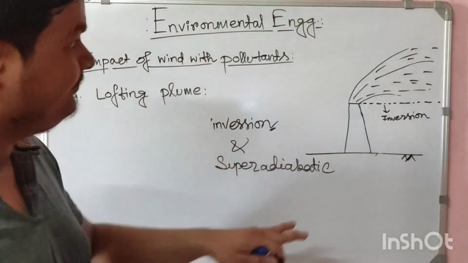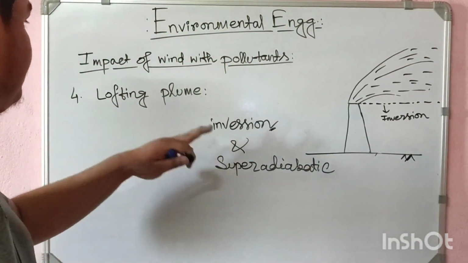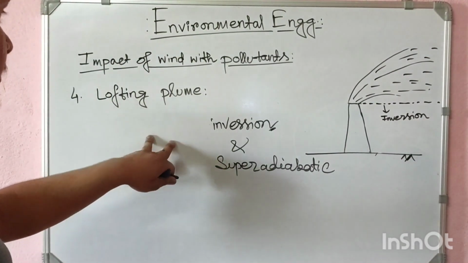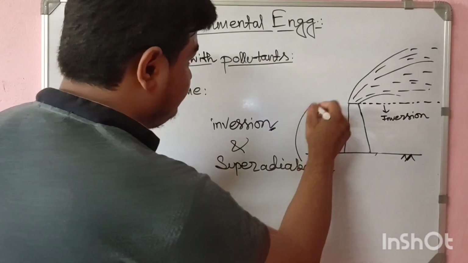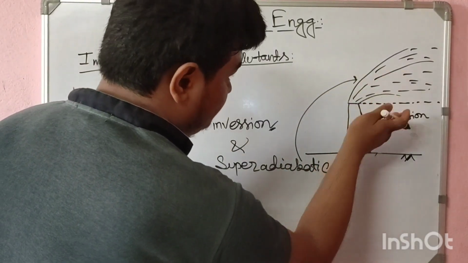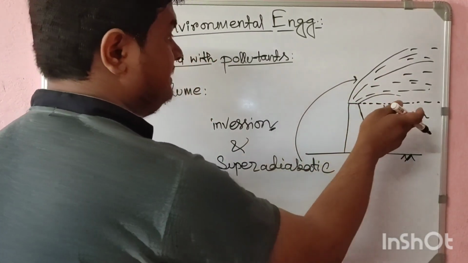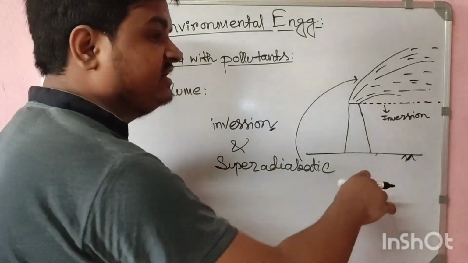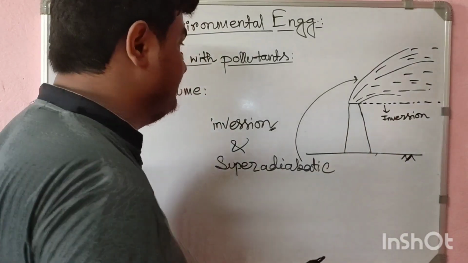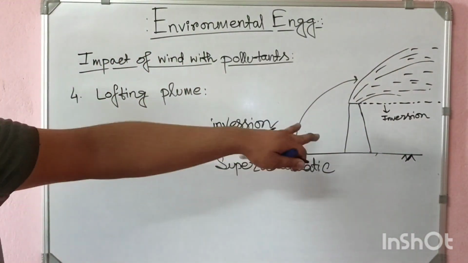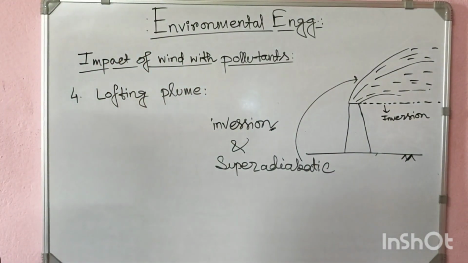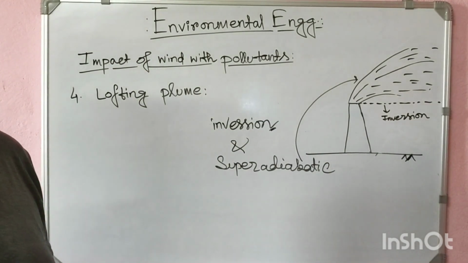This is the lofting plume. The super adiabatic condition is here, and near the ground level the inversion will happen. This kind of plume we generally see when the height of the stack or chimney is high.